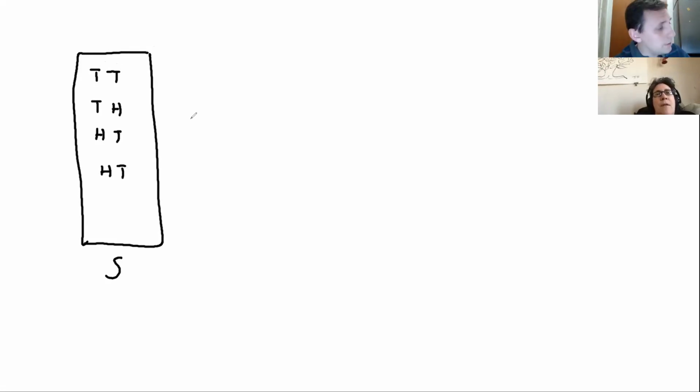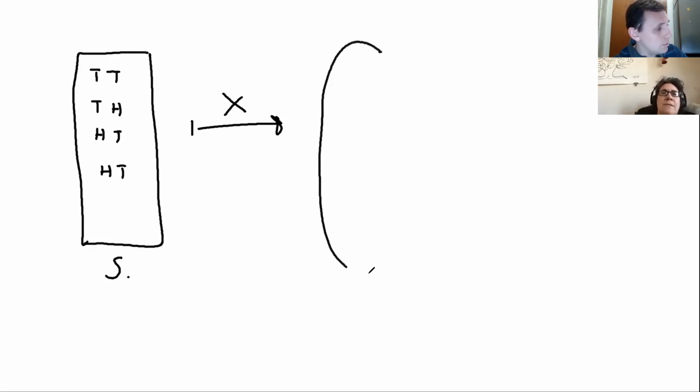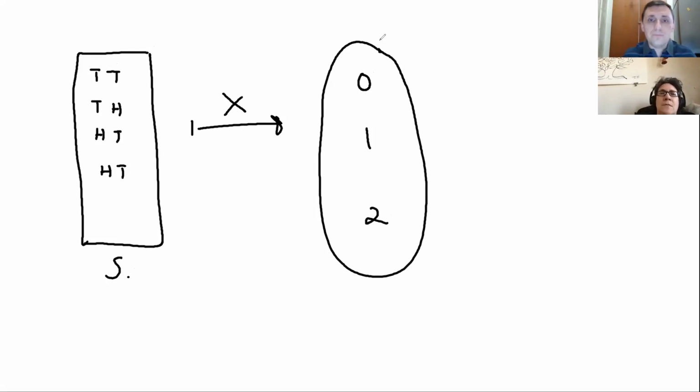And what did my random variable x do? x only pays attention to the set S. It took those outcomes and it produces numbers 0, 1, and 2. So what happens is that this is carried to 0.